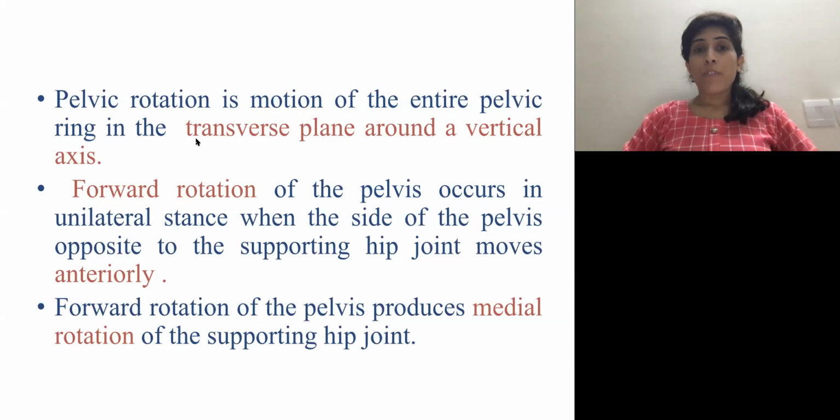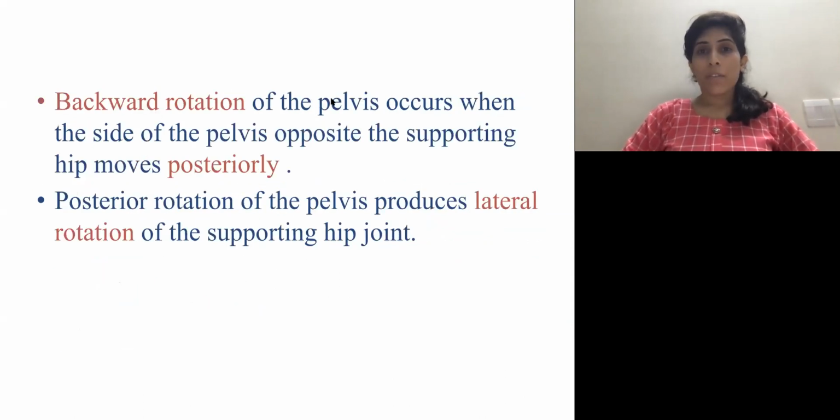So the forward rotation which is occurring on the non-weight bearing side, that is on the swinging side, correct? And medial rotation will occur on the weight bearing or stance extremity. Okay, so backward rotation of the pelvis occurs when the side of the pelvis opposite to the supporting hip moves in the posterior direction. So we can say the swinging extremity is going for the backward rotation.